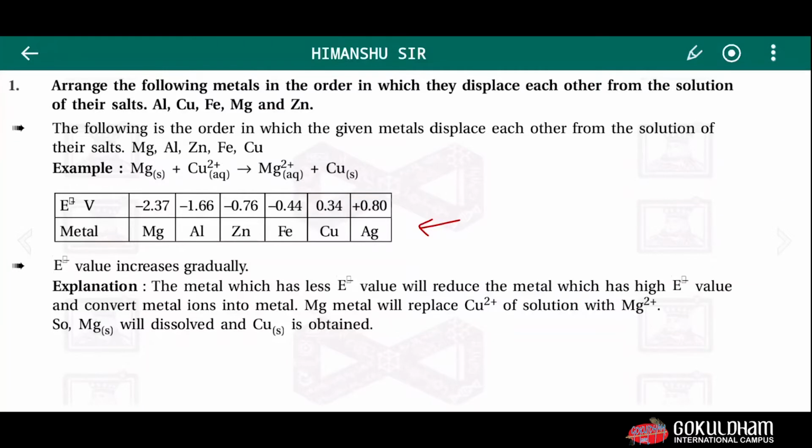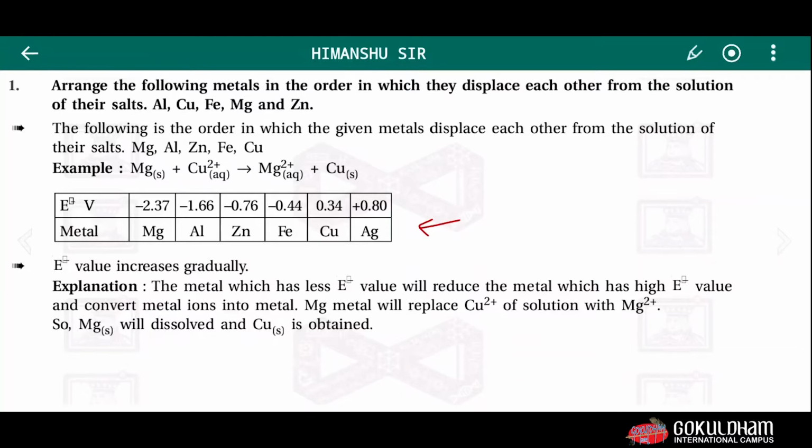So we can take one example: Mg plus Cu2+ gives Mg2+ plus Cu solid. We can see from this reaction that Mg is converted into Mg2+ and Cu2+ is converted into Cu, meaning Mg acts as anode and copper acts as cathode.